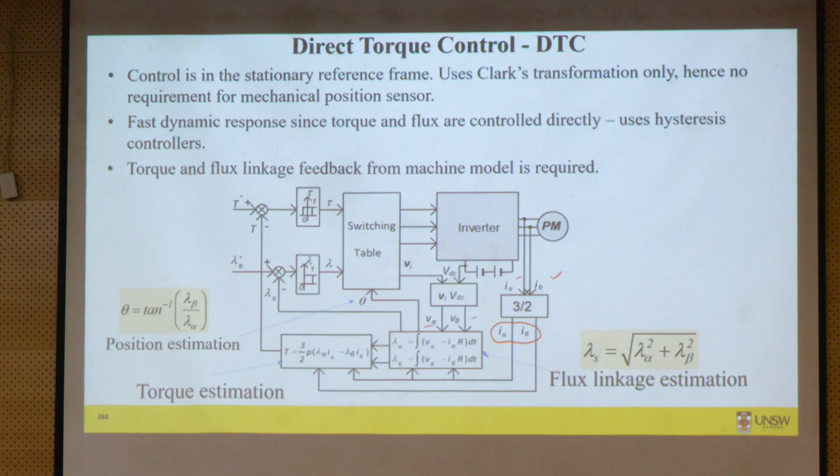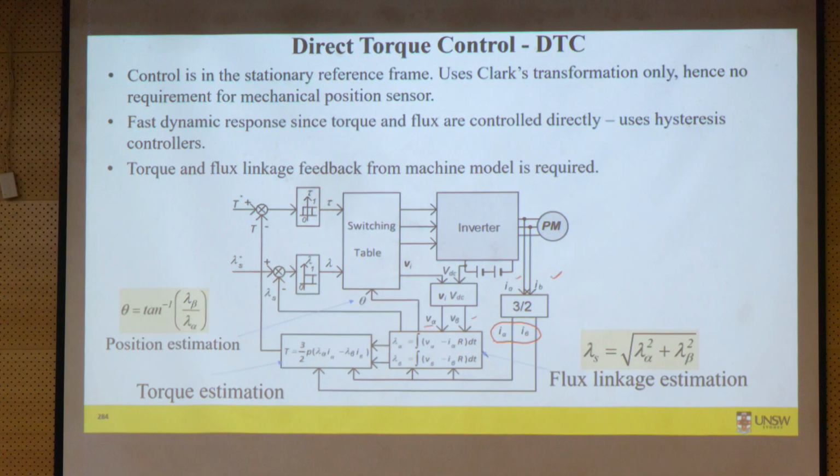We can use that flux linkage to estimate torque. Because torque, as we have found, is 3/2 P (lambda d id plus lambda q iq). It is also lambda alpha I beta minus lambda beta I alpha. So we know current, we know flux linkage in alpha and beta, and we can estimate our torque.